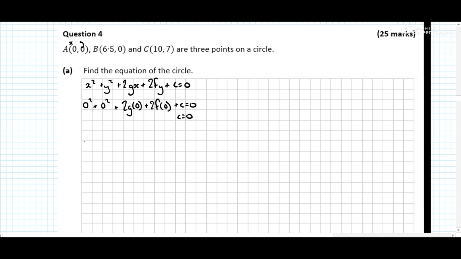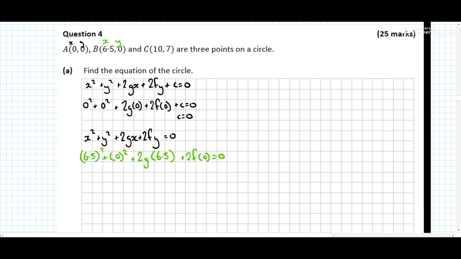Okay, straight away. So before we go any further, always write out what we know. We know c is equal to 0, so we can leave it like that, right? Ignoring the c. Now if I call this one x and y, if I were to sub in 6.5 for the x's, the y is going to be 0, which is really nice. 2g by 6.5 plus 2f by 0 is equal to 0.